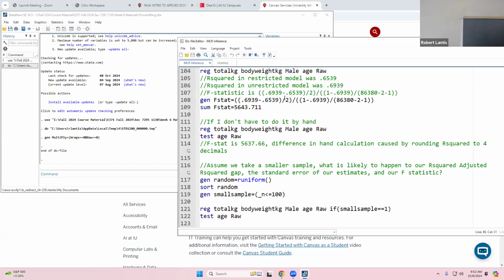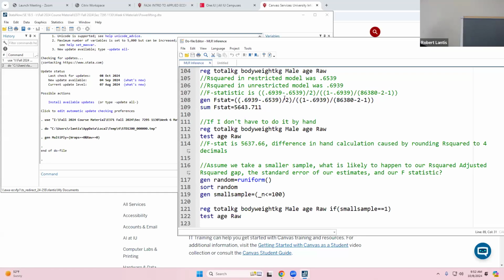It's not technically quite what it is, but it's a good way to think about it. So in the denominator, I take 1 minus the R squared from my unrestricted model. When we say unrestricted, that's the model that includes all of our variables, so this is the one you would usually run second. This was our second regression that had additional variables.